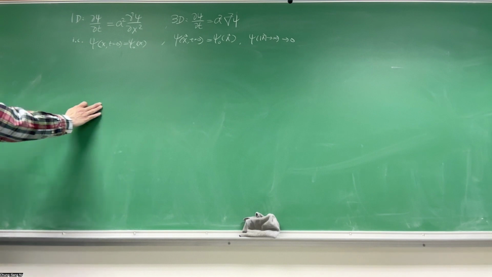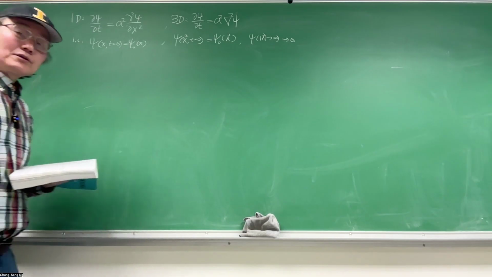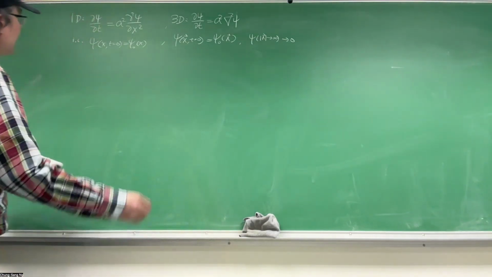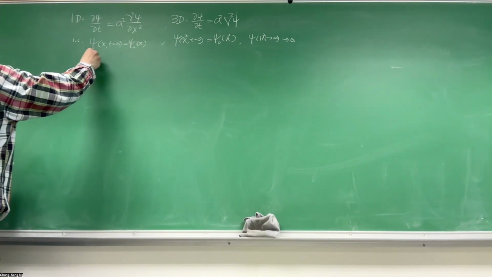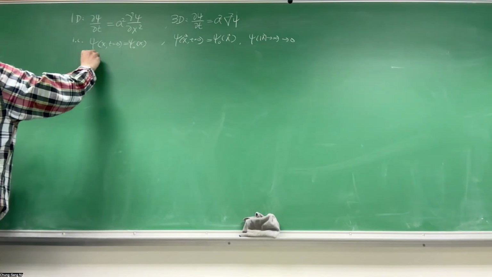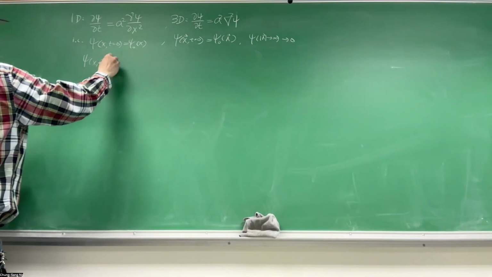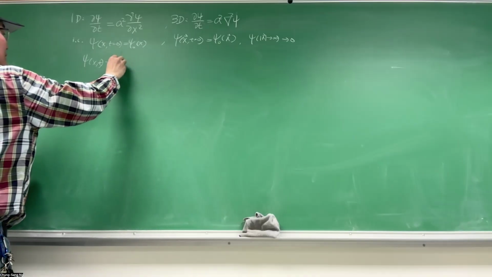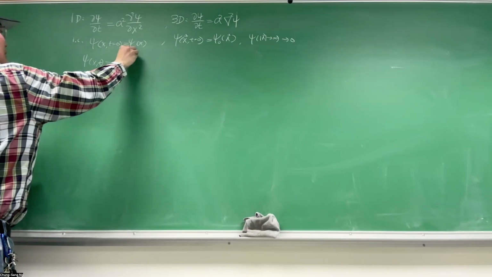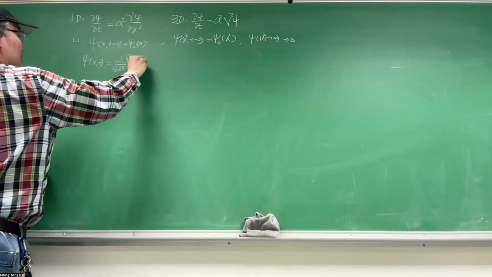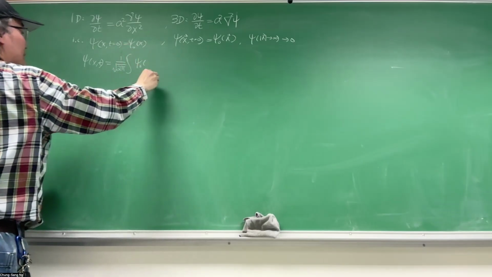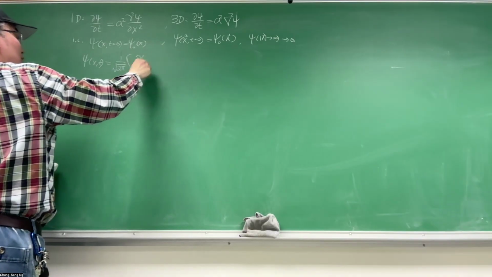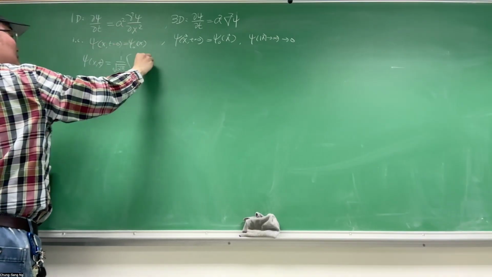Then that allows us to use the Fourier transform, and we wrote down the solution for psi of x, t. The 1D problem is just 1 over square root of 2 pi times the integral of psi 0 tilde. This is the Fourier transform of the initial conditions.